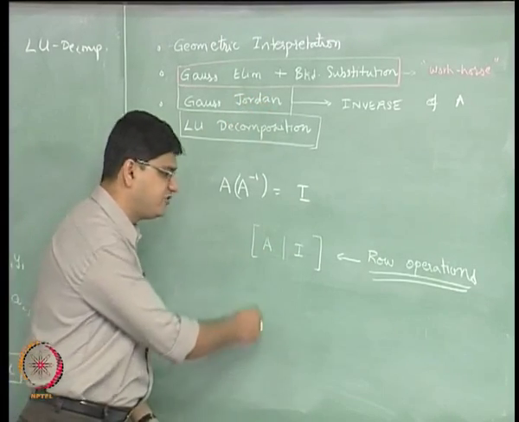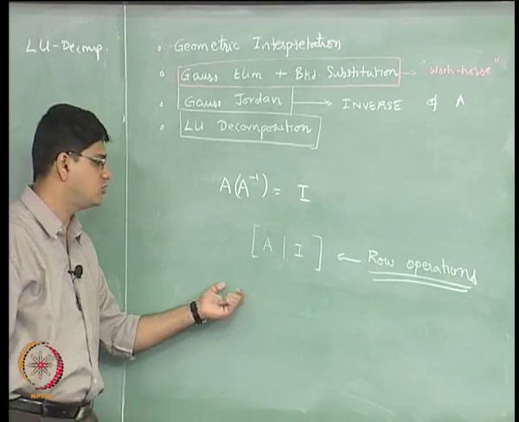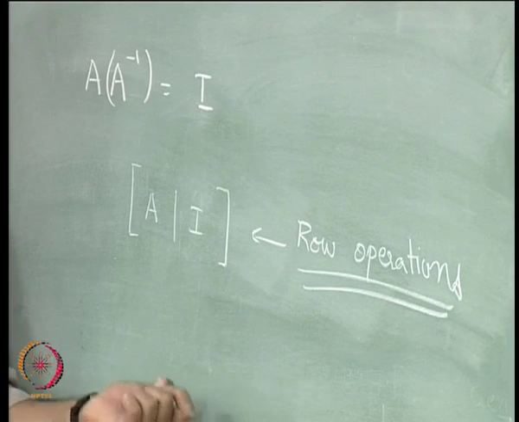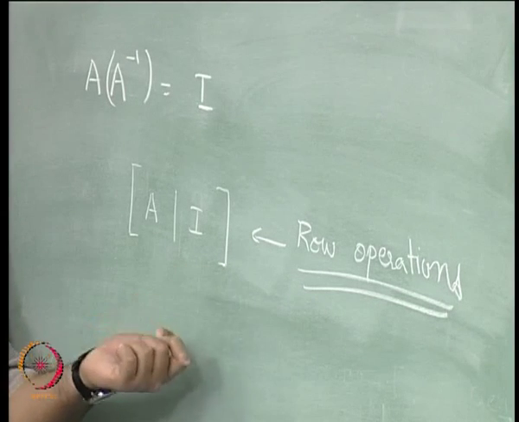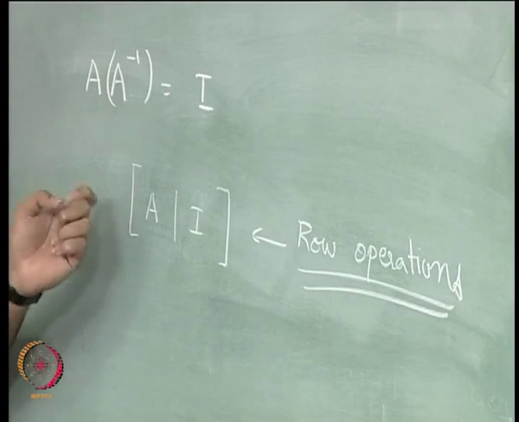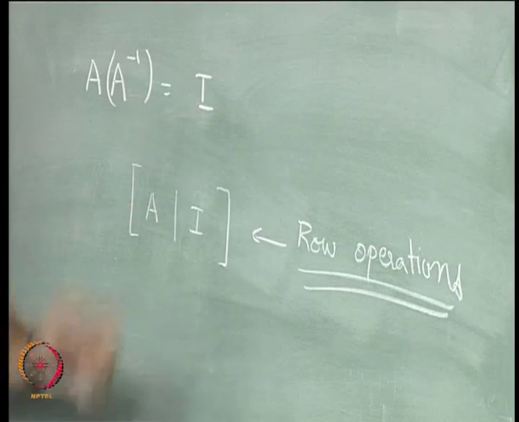At the end of these row operations, what we will be left with is the identity matrix on this part, and what we get on the right hand part, the last n columns, is going to be A inverse, because what we are solving by doing this particular set of row operations is the equation A times A inverse equal to I. Okay.